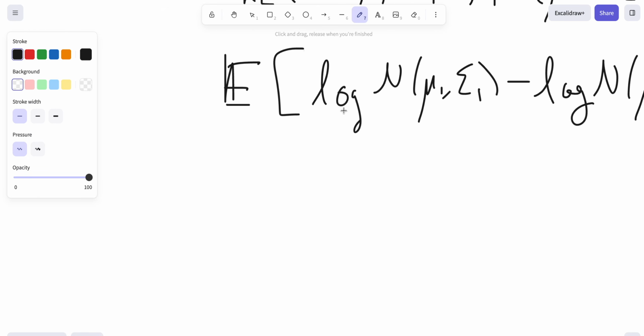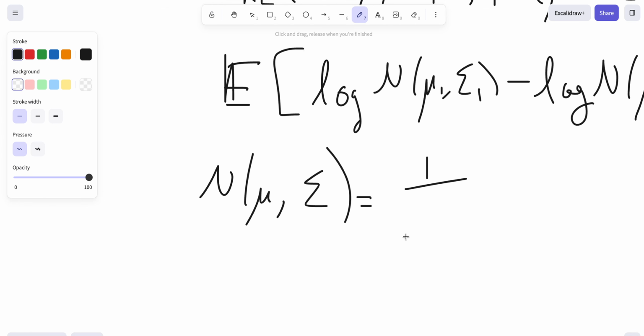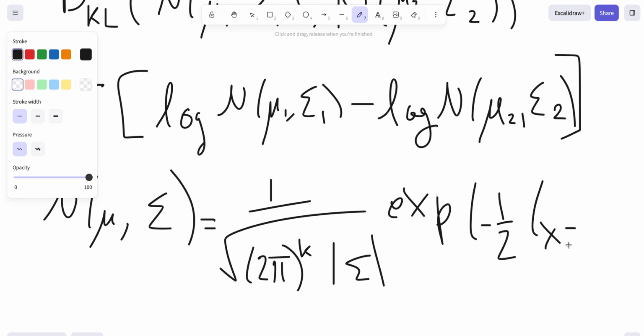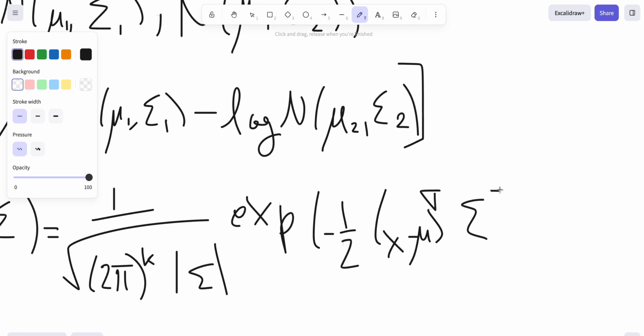Now, a generic normal distribution is 1 over the square root of 2 pi to the k times the determinant of sigma, and then the exponential raised to the minus 1/2 (x minus mu) transpose sigma inverse (x minus mu).